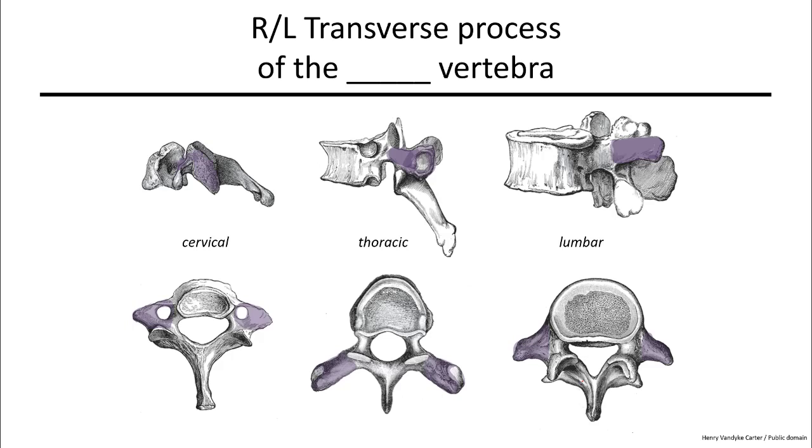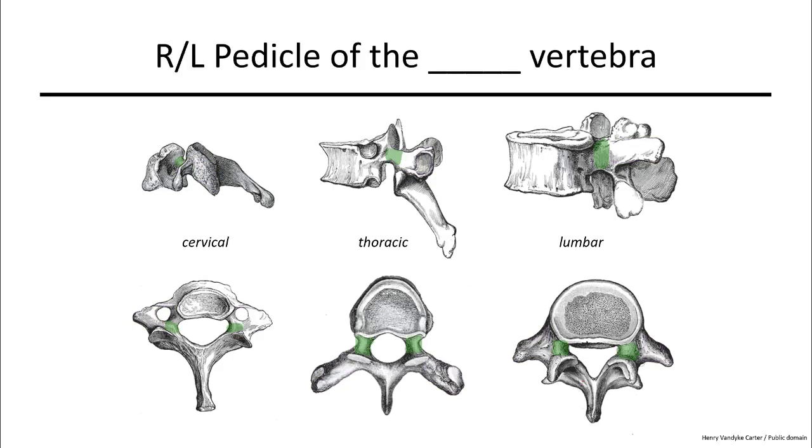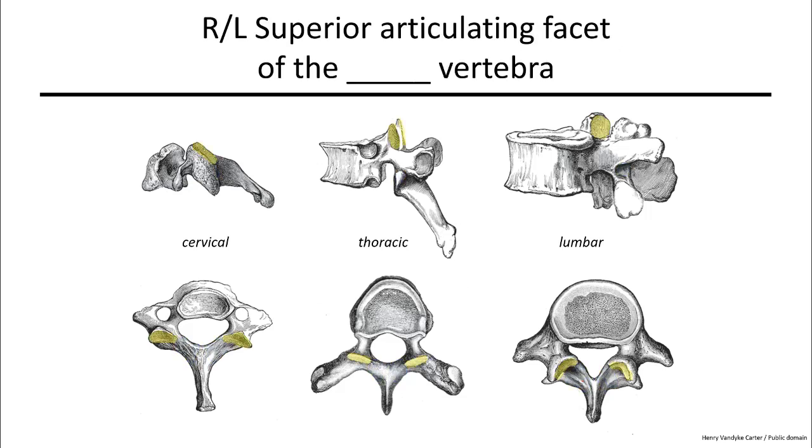One very unique feature is in the cervical vertebrae, we can see two holes in the transverse process. This is unique to the cervical vertebrae, and this is where vertebral arteries will come up through the neck to the brain. Then we have the pedicle, so a right and left pedicle of each of the vertebrae, the lamina of each of these.